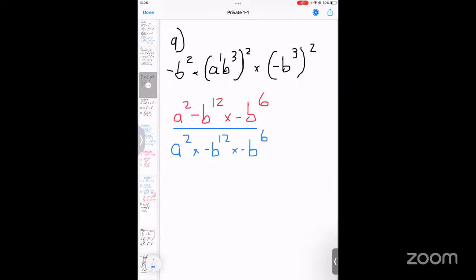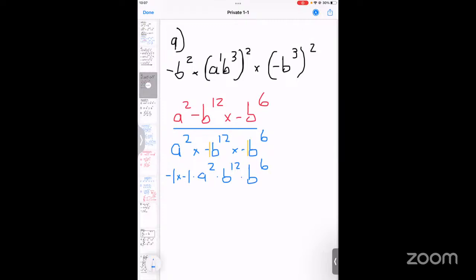Can you see this one, Langelihle? Then you can either cancel those negatives, or you can say you have negative invisible 1, negative invisible 1. Then you rewrite it as a negative invisible 1 multiplied by negative invisible 1. And then you start having your a squared, and then your b to the 12, and then your b to the 6. Can you see what I'm doing there, Langelihle?